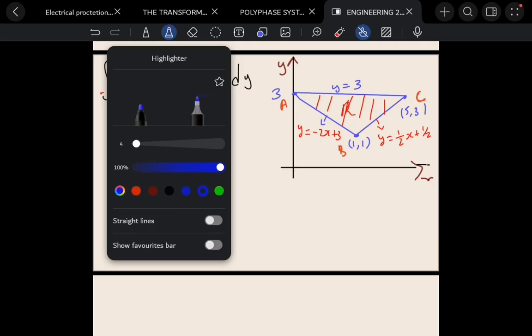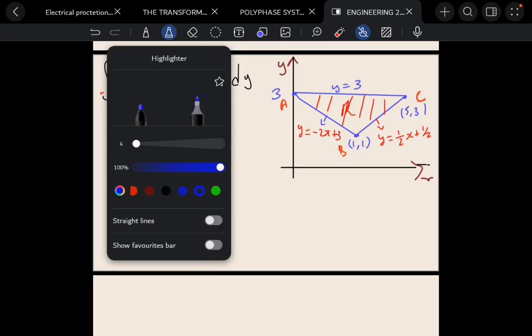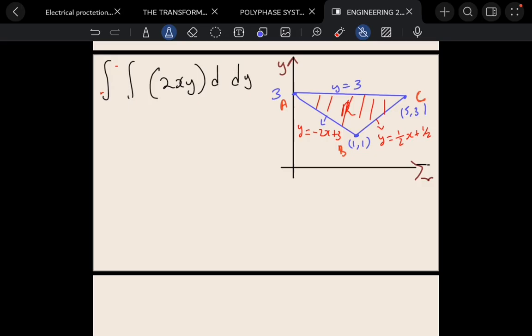Now for A, B, C, I'll try to draw lines in your region. Now, when we draw a vertical line at this point, does it enter this region? No. When we draw a horizontal line in this region, does it enter this region? No, it does not divide the region.